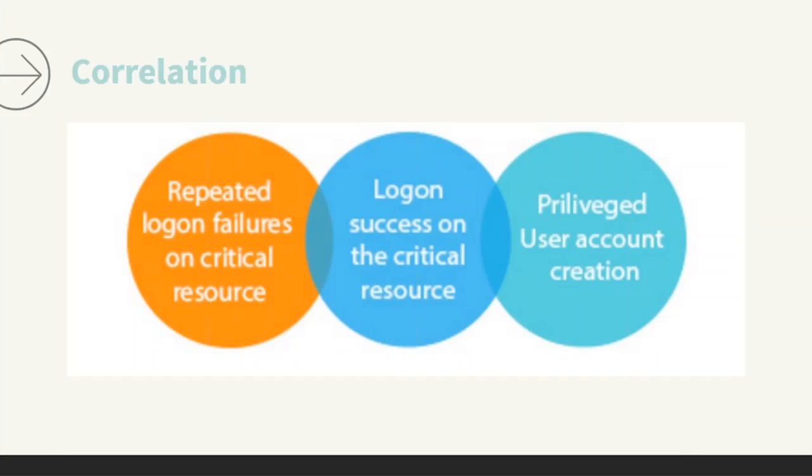When I say correlation, I mean correlating different events happening across your network and building a relationship between these events. Now, many of these events by themselves might not be a cause for concern. For example, just a failed logon might well be a routine event, or even a firewall rule change might well be a routine event.